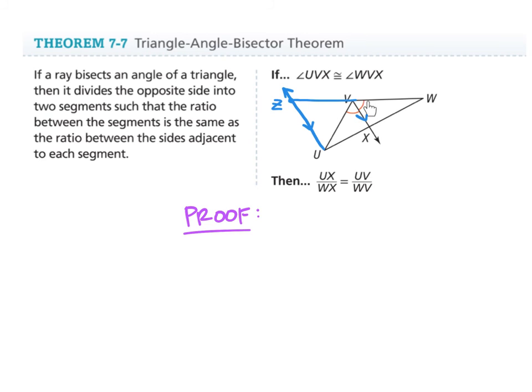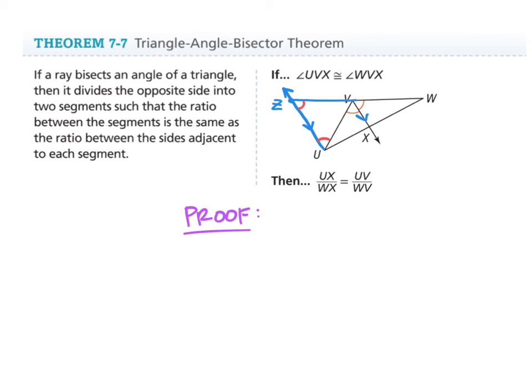For instance, this angle here would be congruent to this angle right here because they're corresponding angles for two parallel lines crossed by a transversal. So I'm going to put this mark right here, and I'm also going to put that same mark right here, because this angle and this angle are congruent as alternate interior angles. I have my parallel lines here and here, and this transversal cutting through, so these angles end up being congruent.